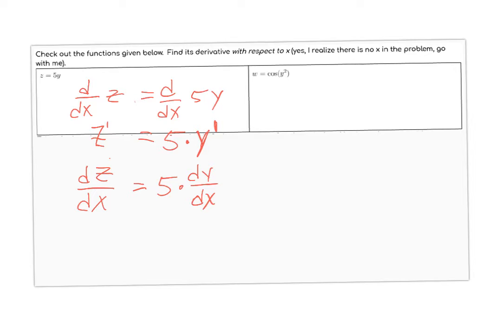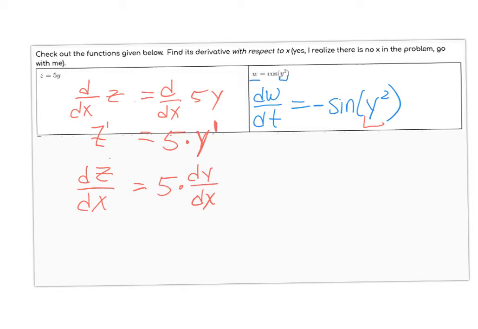I'm going to do the derivative of w, which is going to be dw dt, otherwise known as w prime. And then we've got the derivative of cosine of y squared. All right, we've got a chain rule thing going on here, so this is going to be the derivative of cosine, which is negative sine of y squared. And then we've got to do the derivative of the inside.